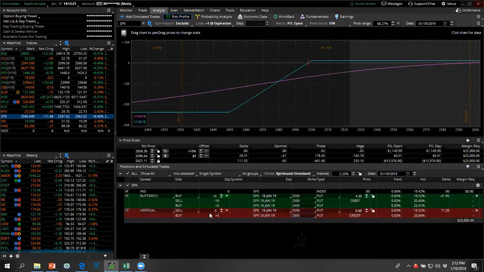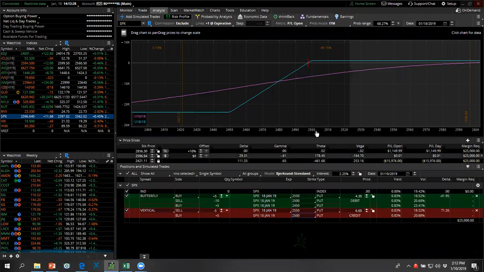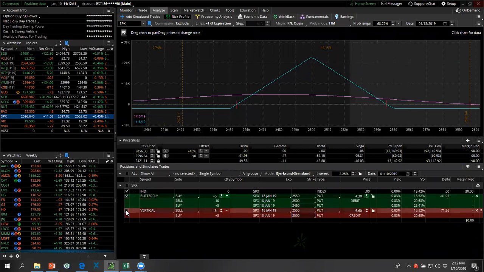Well, a butterfly without the debit spread component is simply a put credit spread. Okay, and this is the familiar put credit spread graph. All right, well, then essentially what a butterfly is, is a put credit spread with a put debit spread in front of it. And they composite out to make this kind of a graph that we all know is a butterfly.